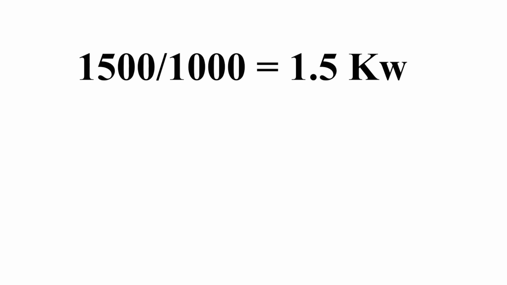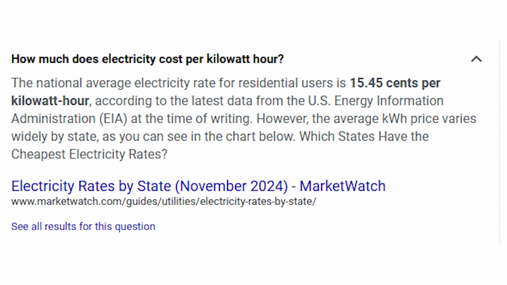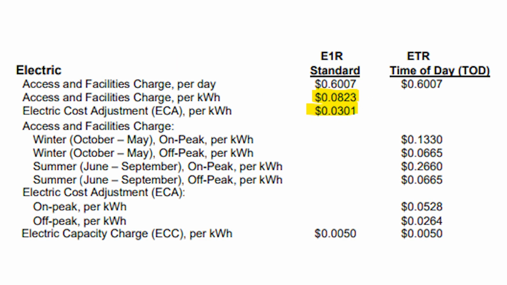And now I just need to know how much I'm being charged as a customer per kilowatt hour. If you look it up on average in the United States, it is 16 cents per kilowatt hour. Now you can look it up yourself. Typically it'll be on your bill from your utility company, or you can go to their website.